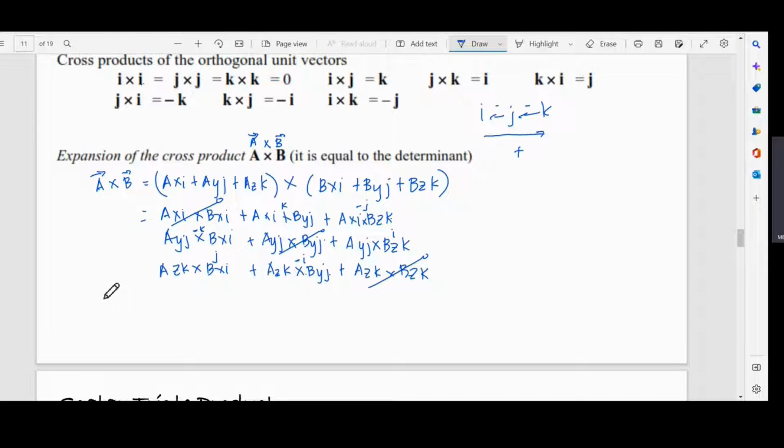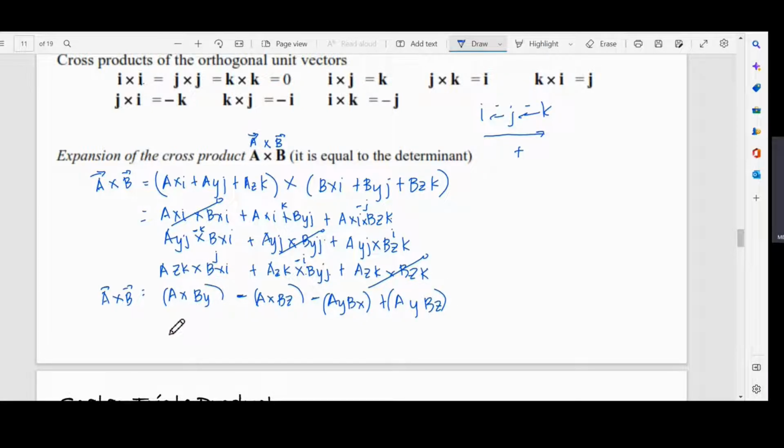Okay, so time to distribute, or palitan natin yung mga values, or sign conventions natin, because we already have the unit vectors. Therefore, A cross B will now be equal to AX BY K, minus AX BZ J, minus AY BX K, plus AY BZ I. So, yung IJK natin will determine the sign.